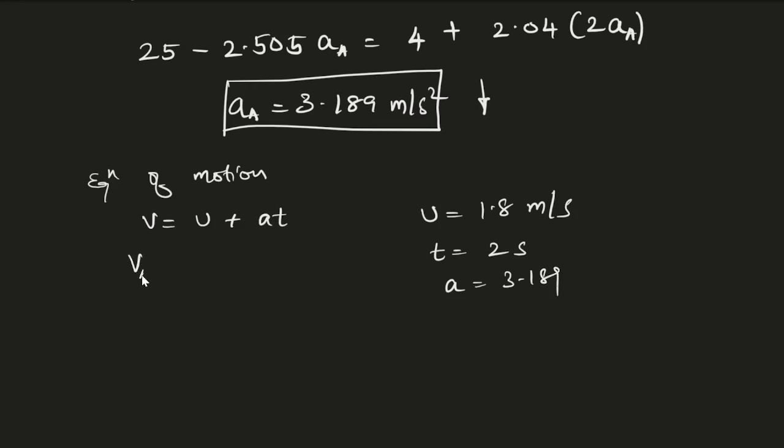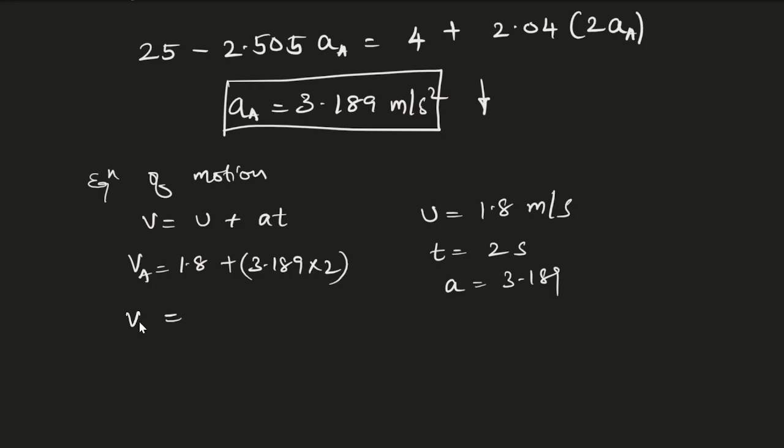So velocity VA will be equal to u, which is 1.8, plus 3.189 into 2, for 2 seconds. If you put it in the calculator, it gives me a value of 8.178.